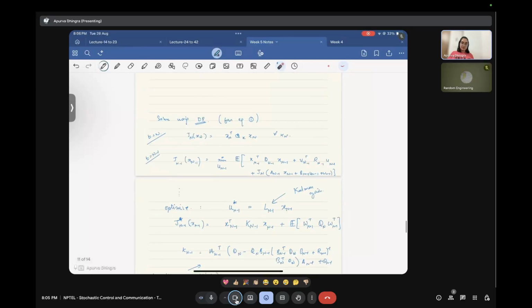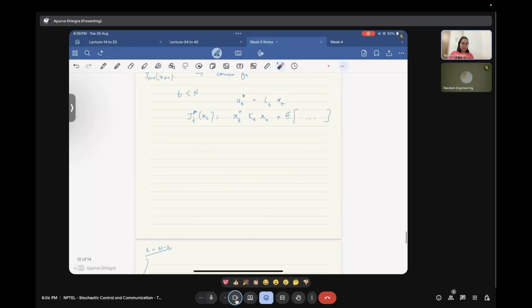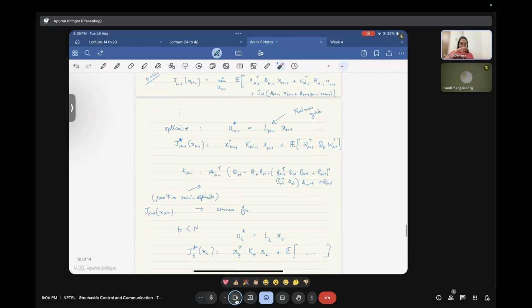Here again there is a very interesting phenomenon that happens, which is that the optimal policy just depends on the state. It linearly depends on the state, and the problem stays convex because of the presence of this K matrix, which is a positive semi-definite matrix. And this policy choice is unaffected by the noise.